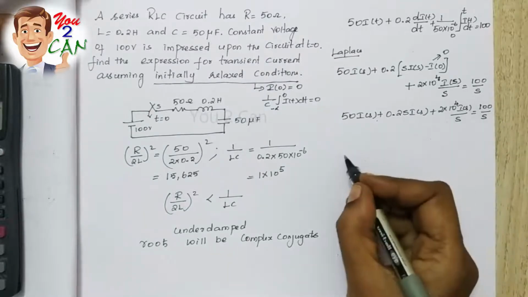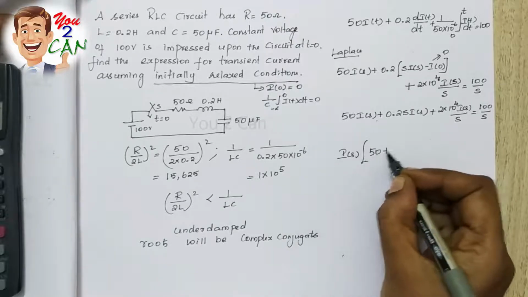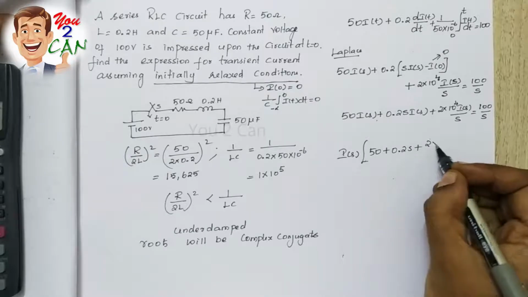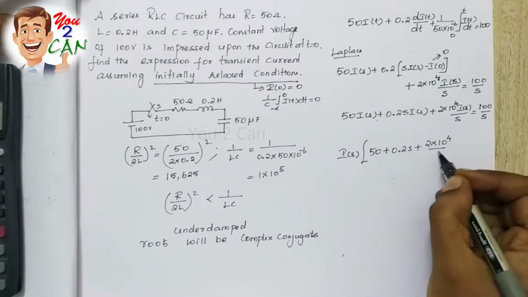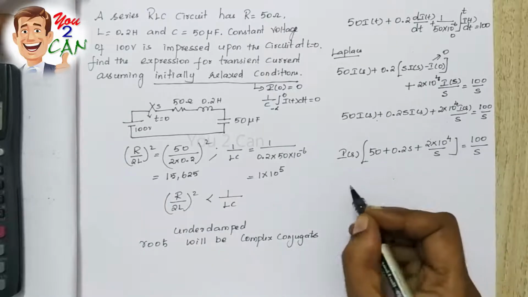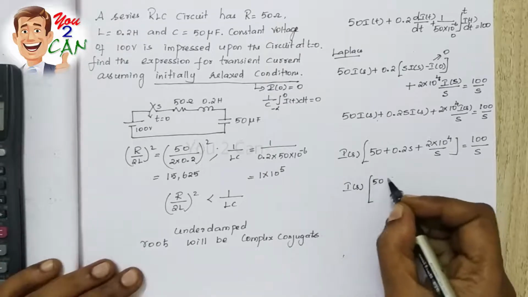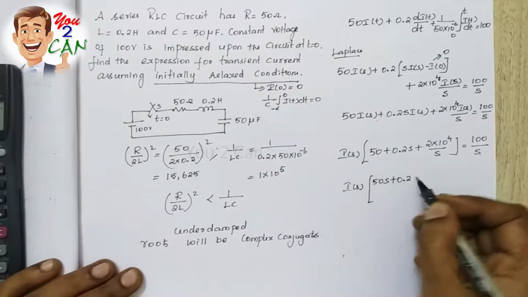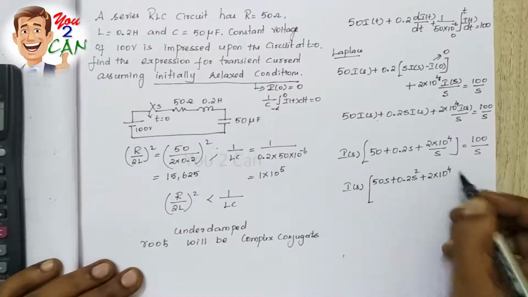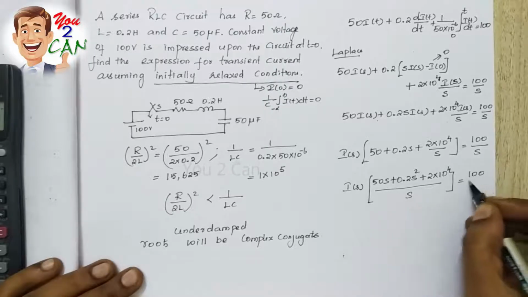Take I(s) common. I(s) into (50 plus 0.2s plus 2 into 10 power 4 by s) will be equal to 100 by s. So take the LCM: (50s plus 0.2 s squared plus 2 into 10 power 4) divided by s equals 100 by s.